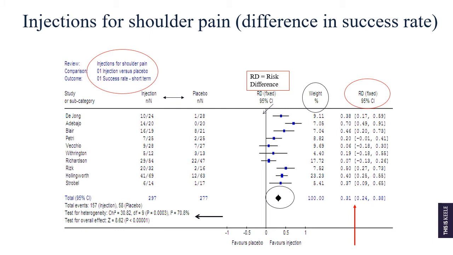The diamond is the combined risk difference in this case, and the width of the diamond represents the confidence interval of that from the meta-analysis.